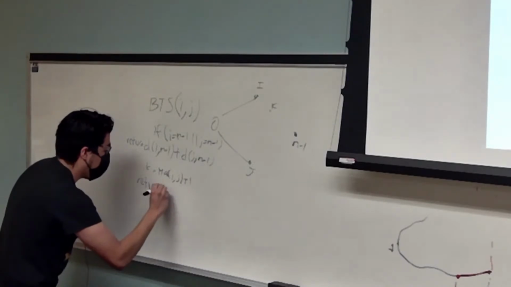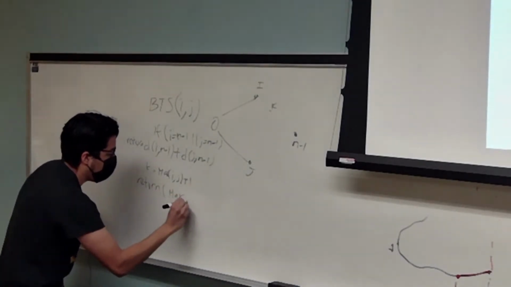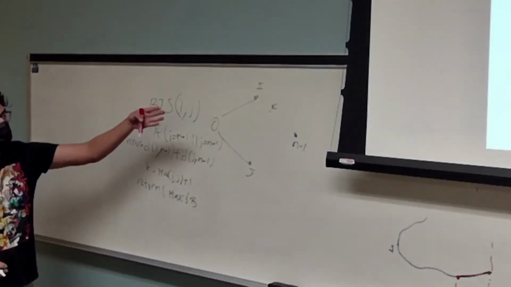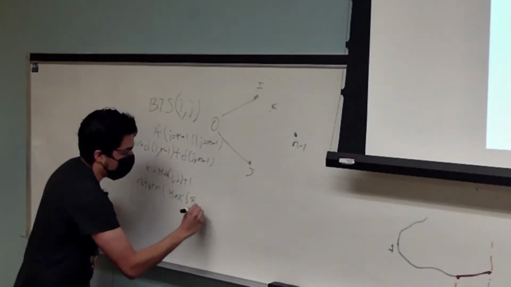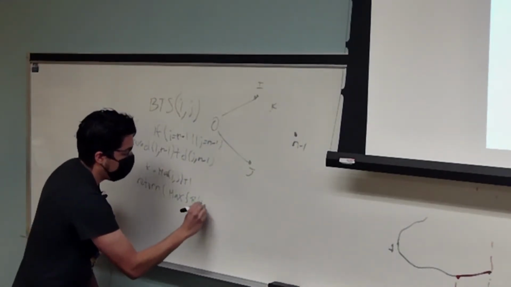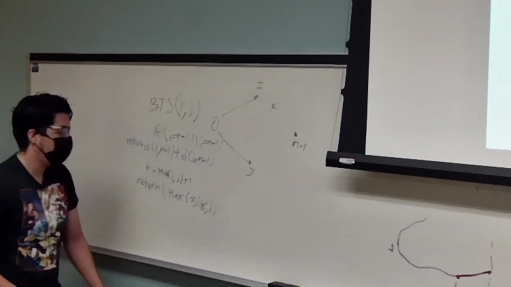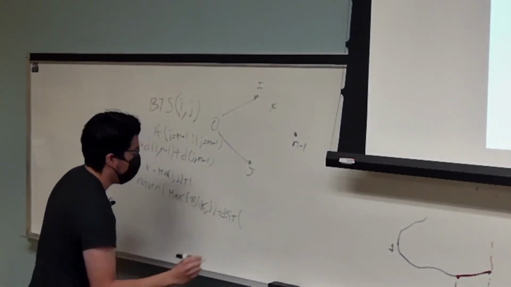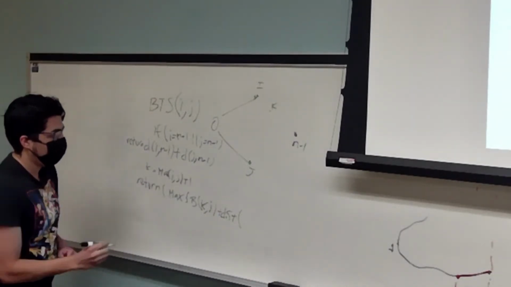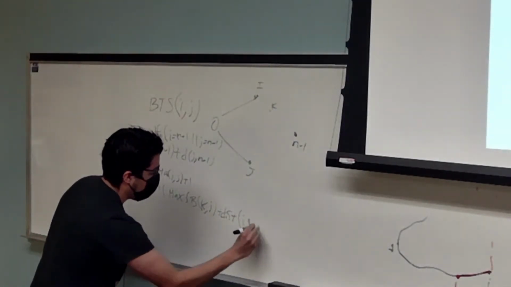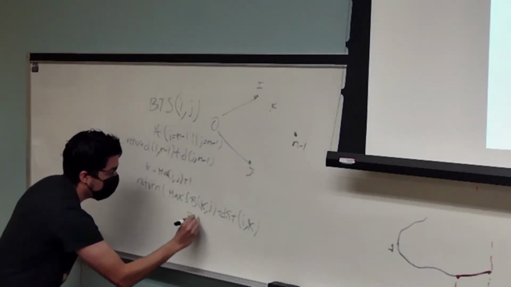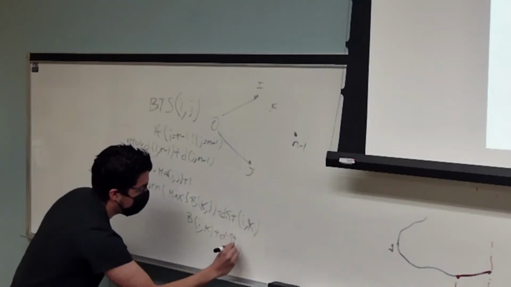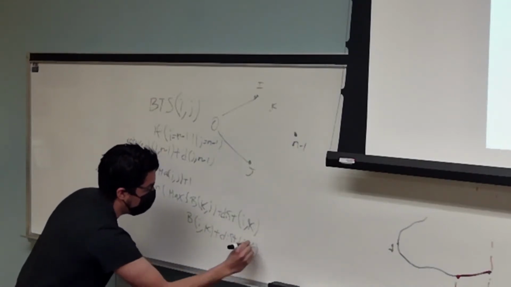And then we just return the min of, we can choose k to either be in the top or the bottom. So let's say the distance from i to k plus the distance from j to k.